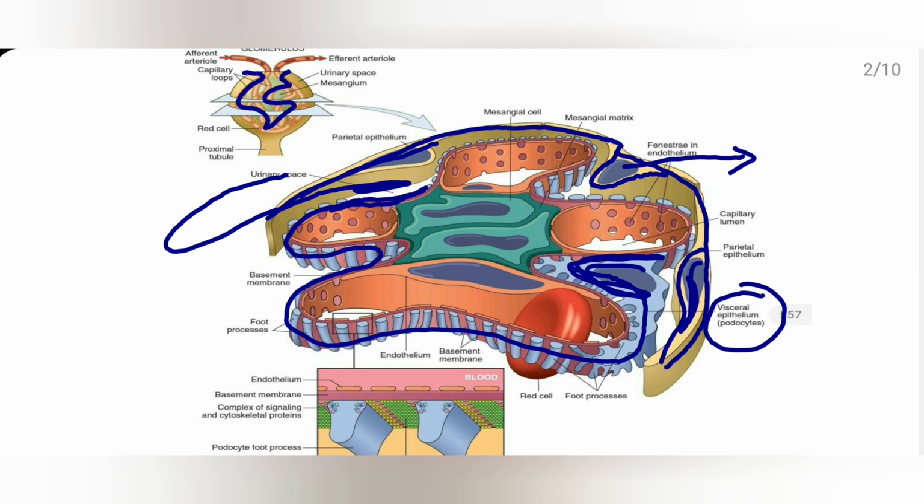The urinary space is encircled by parietal epithelium, and outside of the capillary wall there is visceral epithelium. Inside the capillary wall there is a fenestrated endothelial lining. And these capillaries are supported by mesenchymal cells along with mesenchymal matrix.